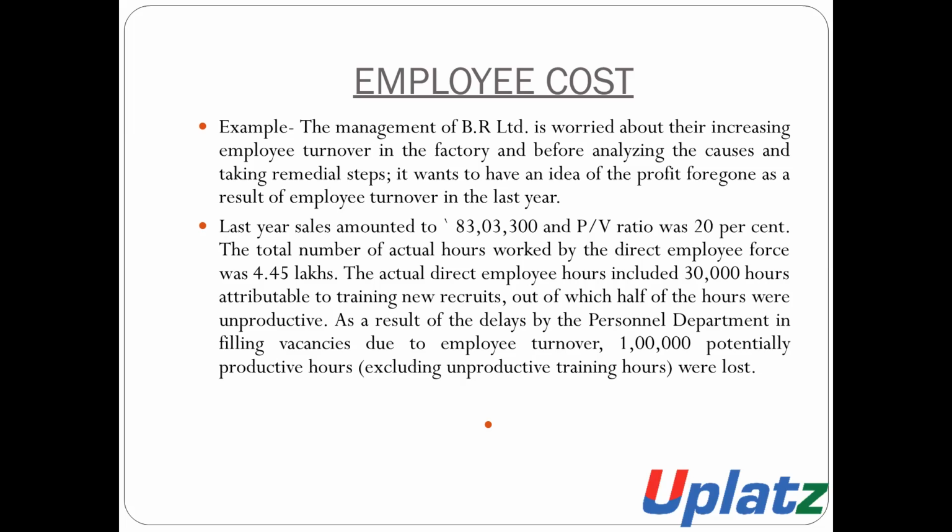The actual direct employee hours included 30,000 hours attributable to training of new recruits, out of which half of the hours were unproductive as a result of delay by the personnel department in filling vacancies due to employee turnover. 1 lakh potential production hours were lost.